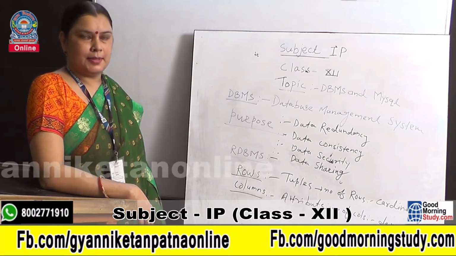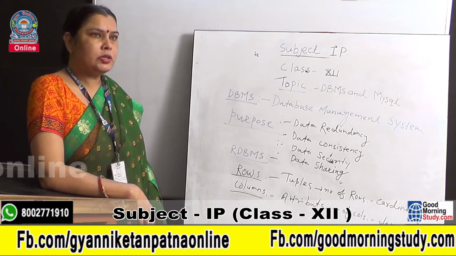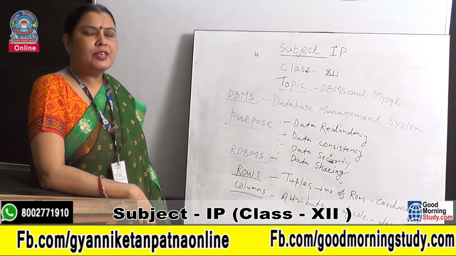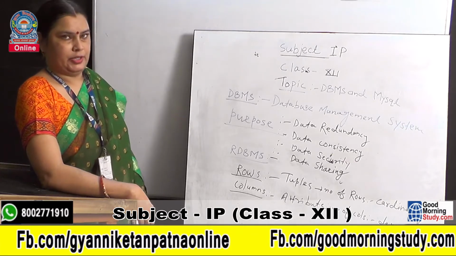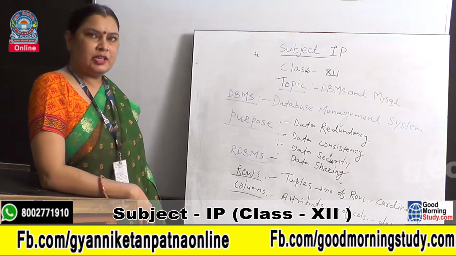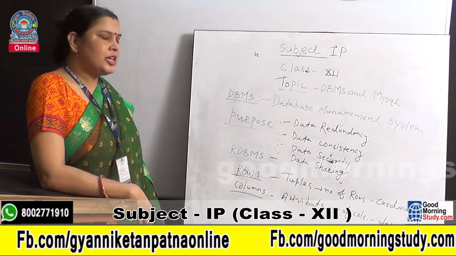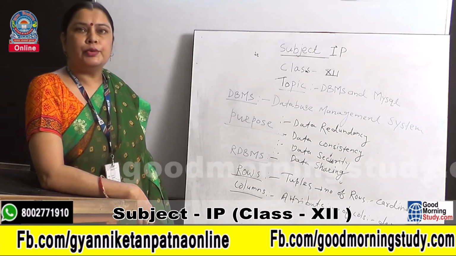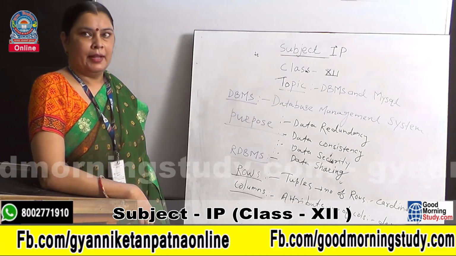Data redundancy means duplication of data, where the same piece of information is stored in different places, and DBMS reduces the data redundancy. Next, it also controls the data inconsistency.